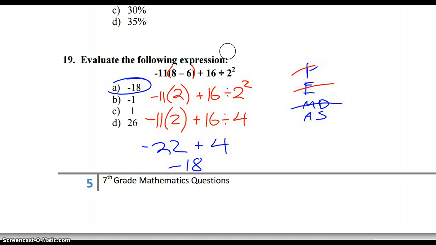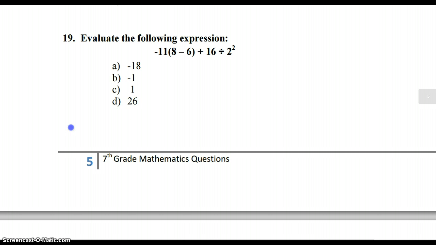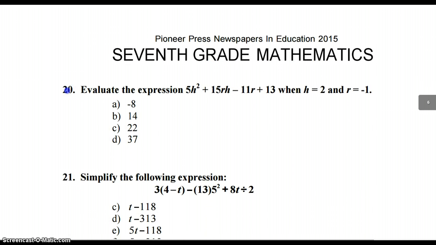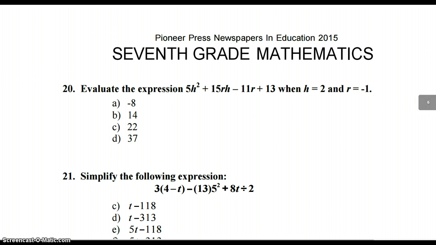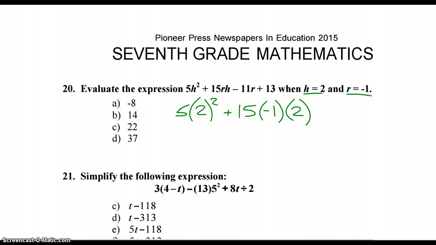And lastly, number 20 for this section. Evaluation, okay, so we're going to plug in the numbers that they give us. H equals 2, R is negative 1. So let's plug that stuff in here first. Take care of exponents and multiplication.